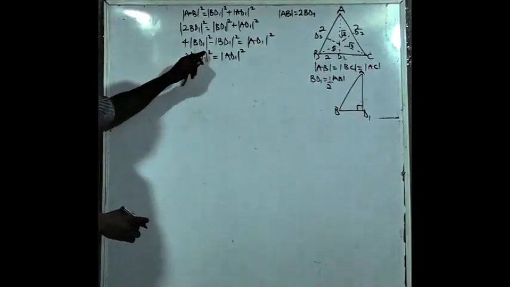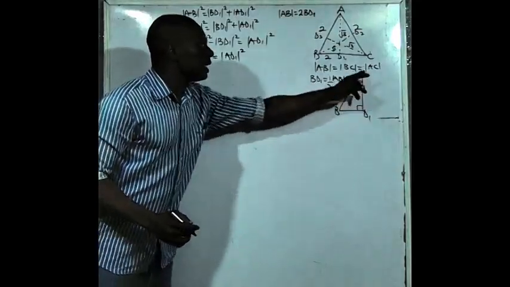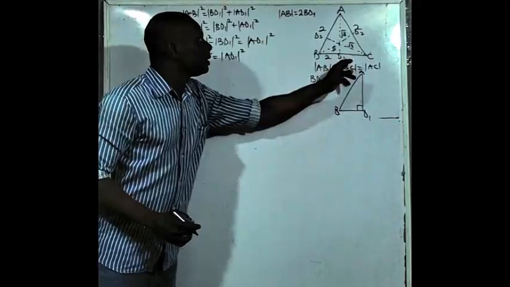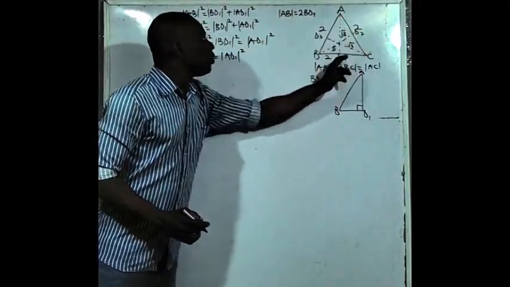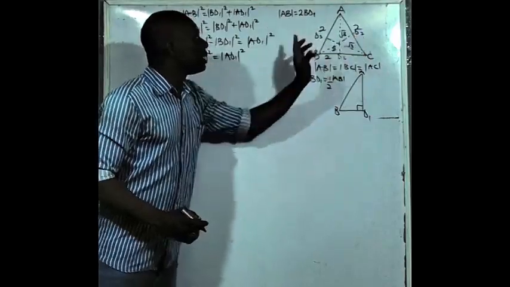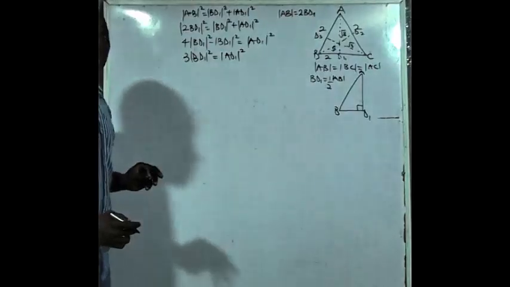Now we have to remove this square because we are trying to look for this line AD. The line AD1, the line BD2, and the line CD3 are the same. They are the same, okay?